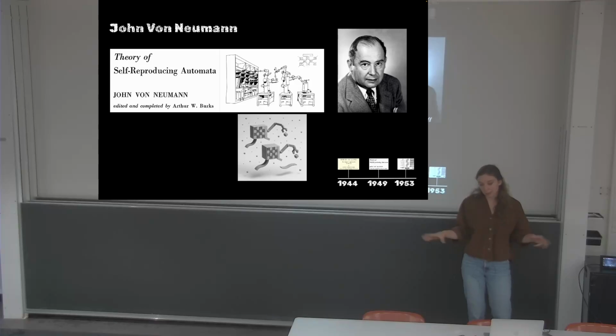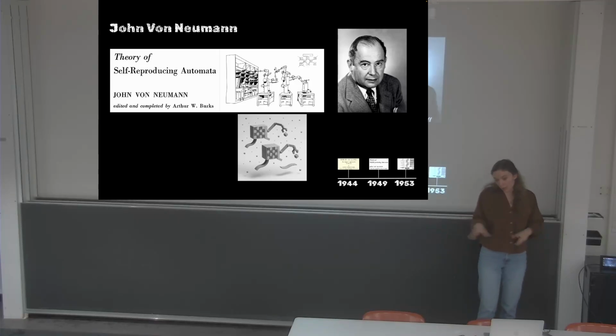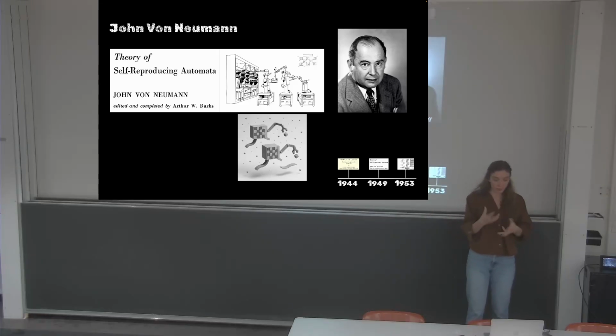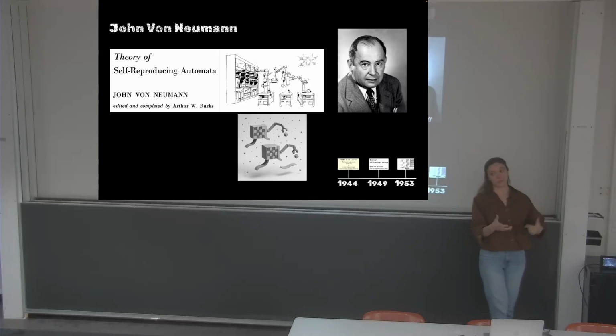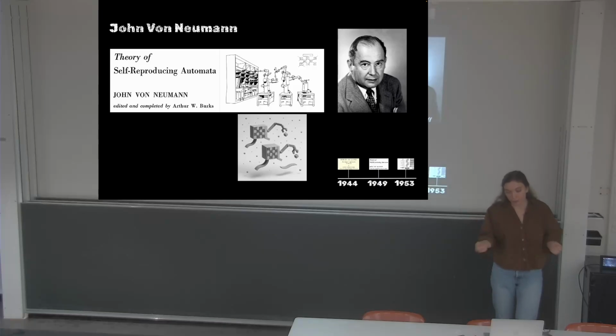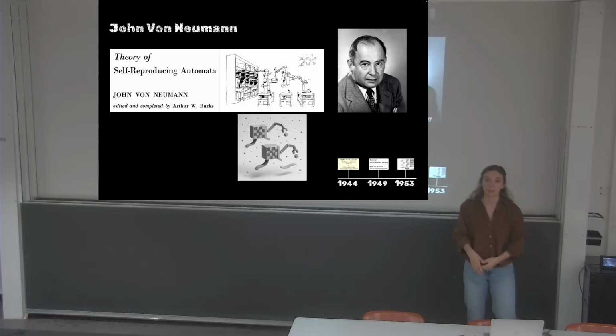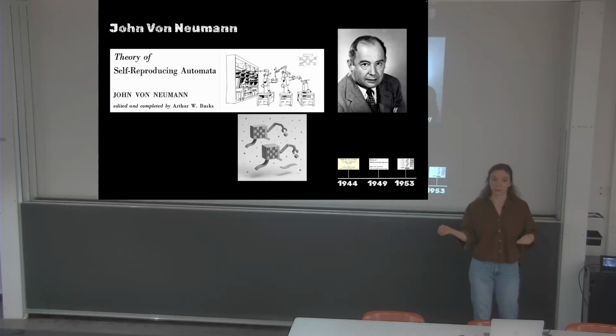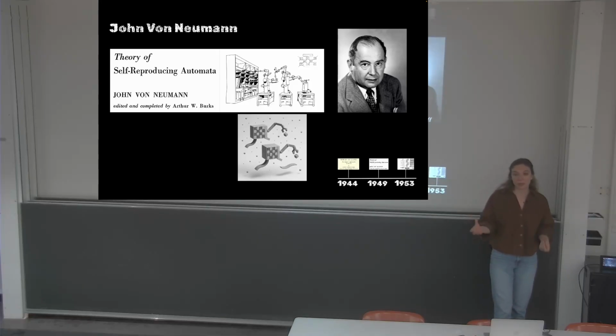The kinematic model really consisted of a three-dimensional continuous space, which would have some basic particles floating around that could be assembled or manipulated by other particles and so on. And just dealing with the mechanics and the motion of such particles in the space really distracted from the main purpose, which was the logic of self-replication.